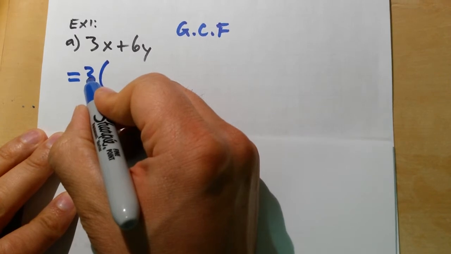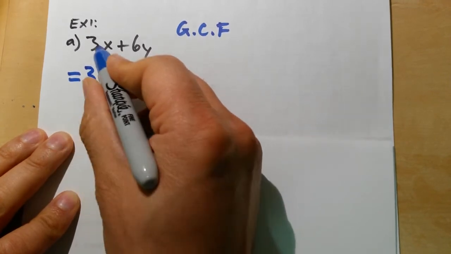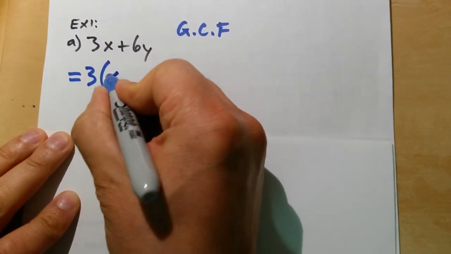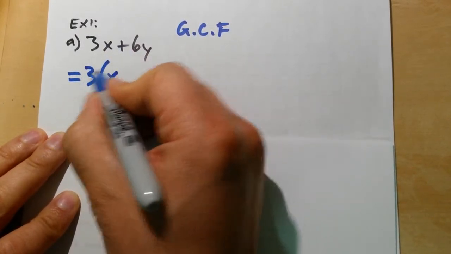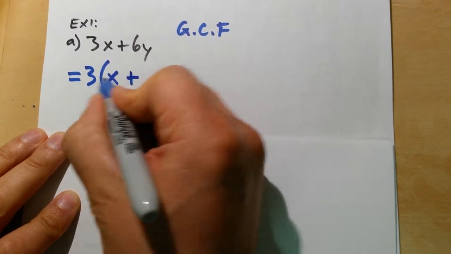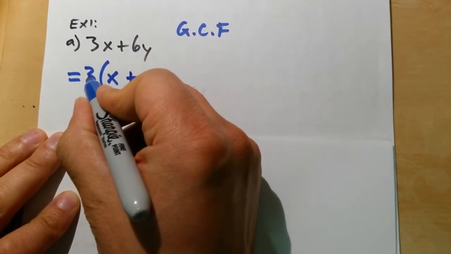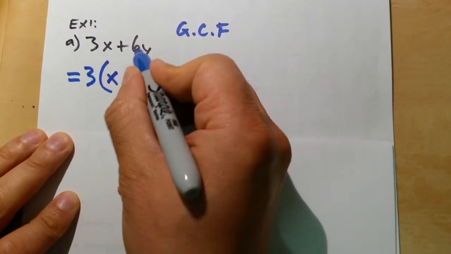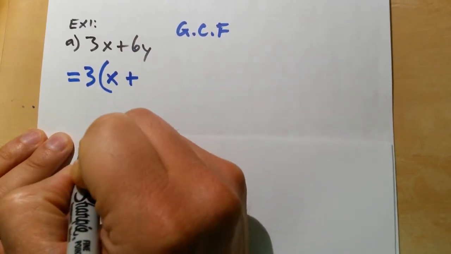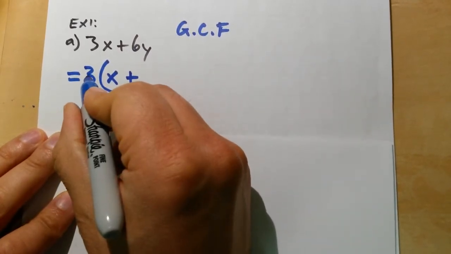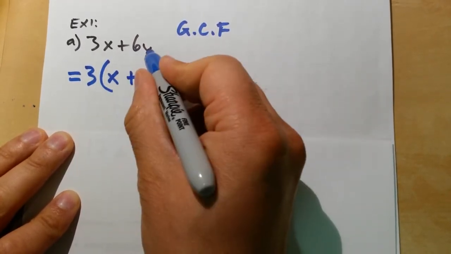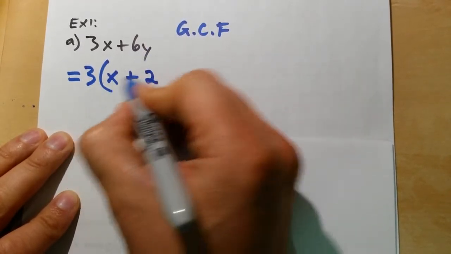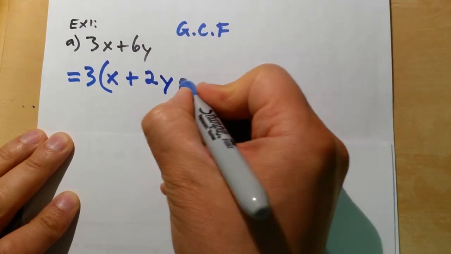What number do we need to multiply 3 by in order to get 3x? Well, 3 times x will give us 3x. And then the signs as well: positive, positive, positive. So what number do we need to multiply the 3 by in order to get 6y? Well, let's start with the coefficients. 3 times 2 is 6. And how about for y? Well, simply multiply the y.